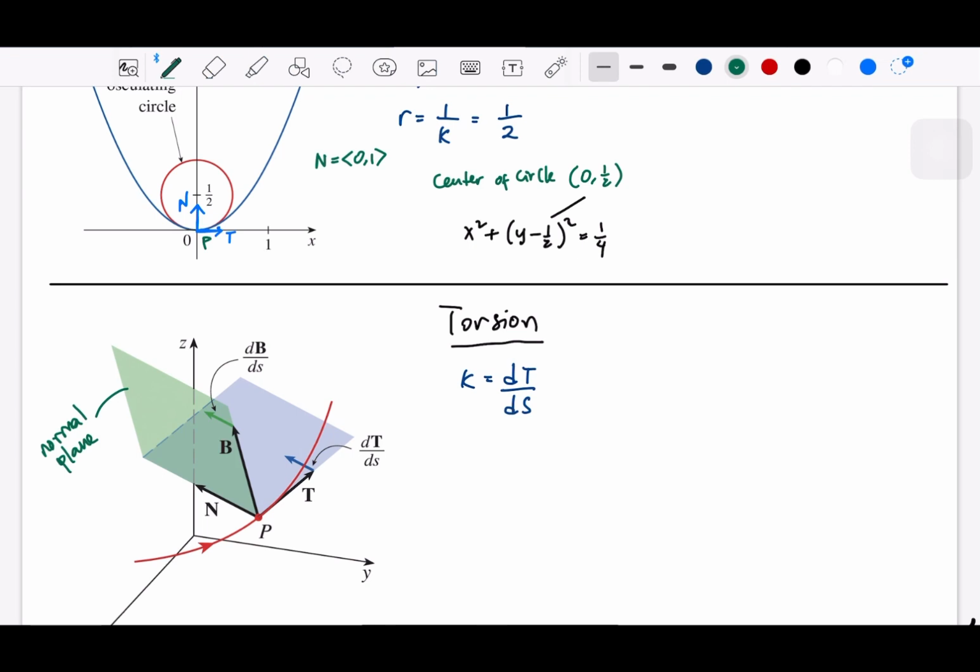So let me write here: when P moves along C, dt ds indicates how the normal plane changes.